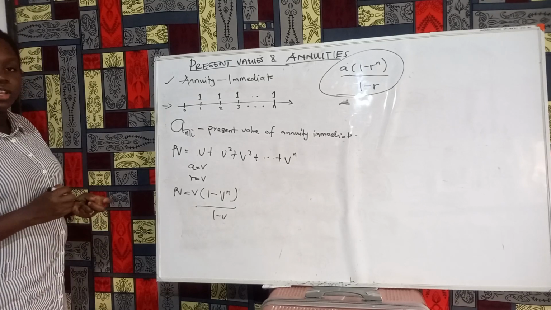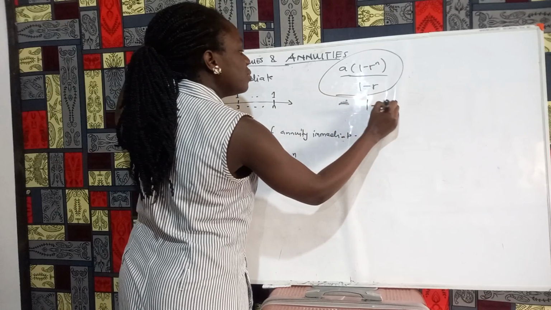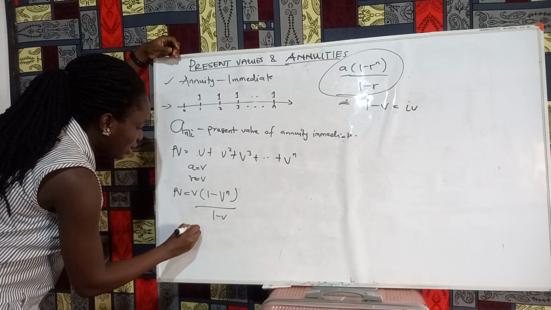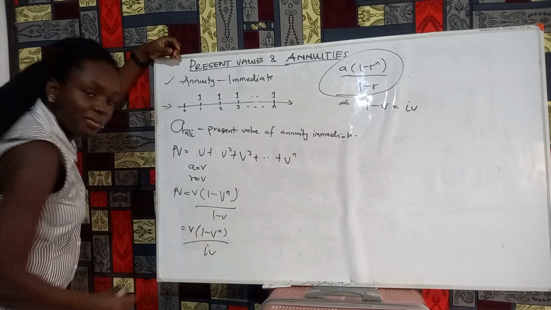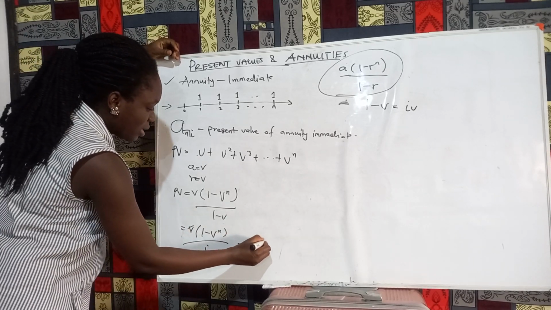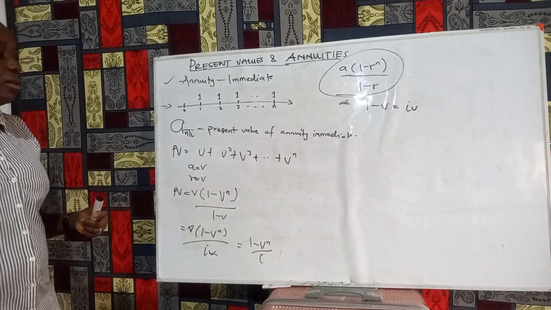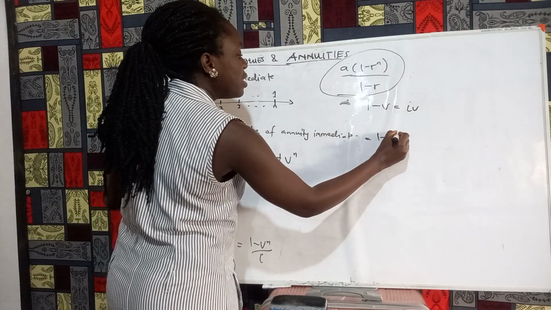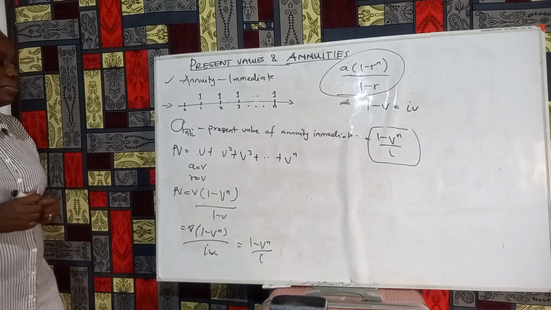But from our interest theory class, we noticed that 1 minus V is also equal to I times V. So this is V times 1 minus V to the power n all over I times V. The V's cancel out, and we have 1 minus V to the power n all over I. So in simple form, the present value of an annuity-immediate is 1 minus V to the power n all over I. So this is it.